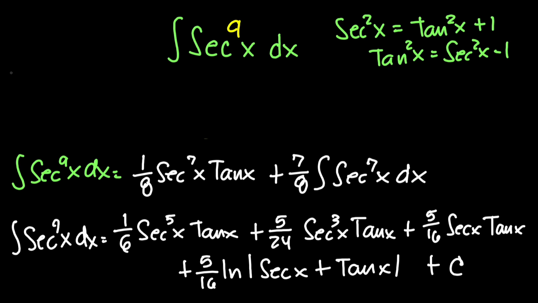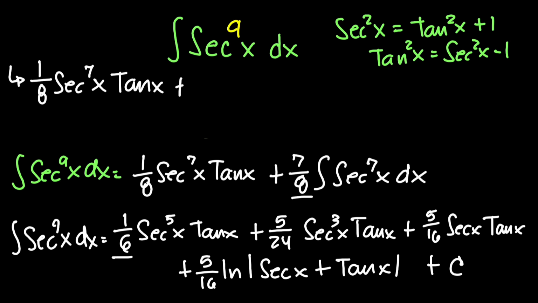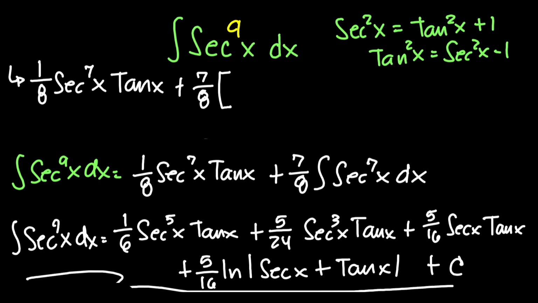And our final answer right here would be equal to 1 over 8 secant to the power 7 of x tan of x. Oh wait, I forgot we need to distribute 7 over 8 in here, this coefficient. But let us simplify this first. Plus 7 over 8. And let's put a bracket which represents the full integral value of secant to the power 7 of x, which is all this.